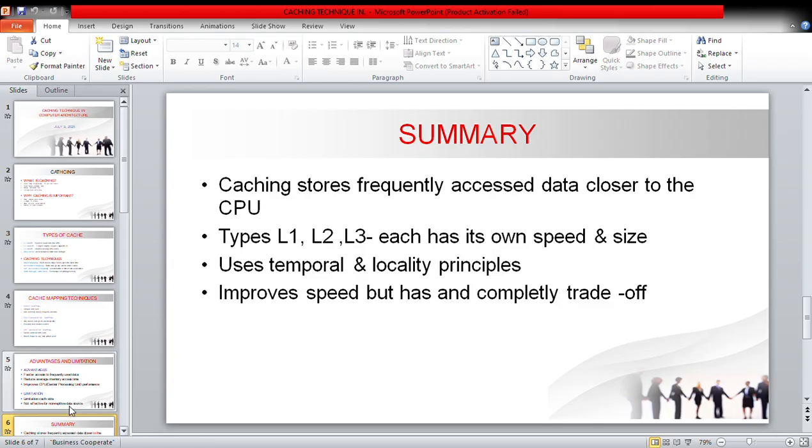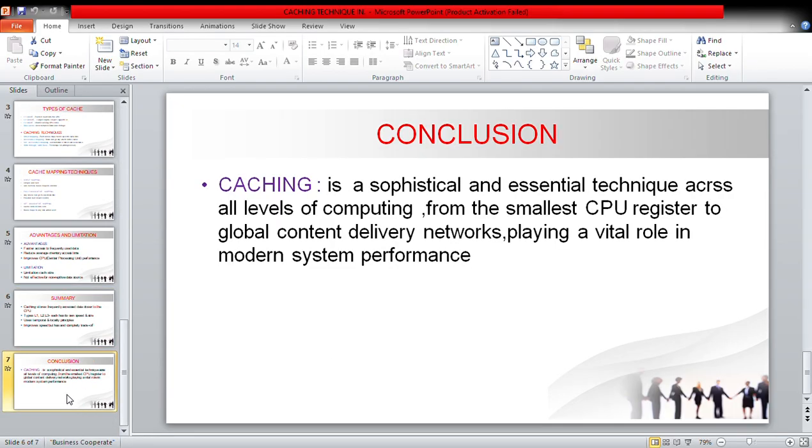Conclusion: caching is a sophisticated and essential technique across all levels of computing, from the smallest CPU register to the global content delivery network, playing a vital role in modern system performance.